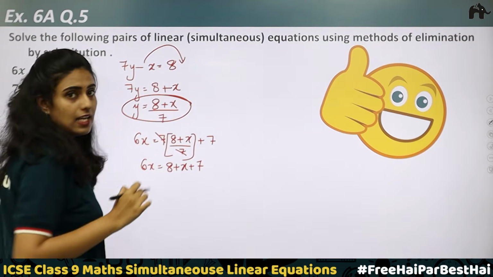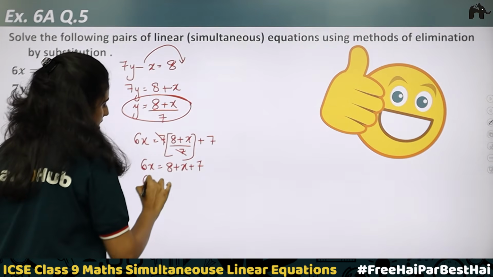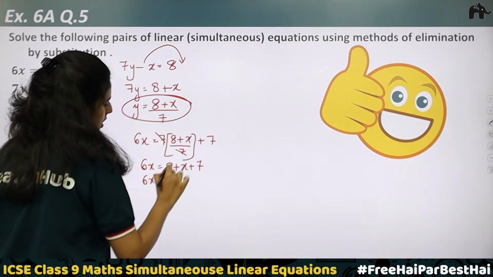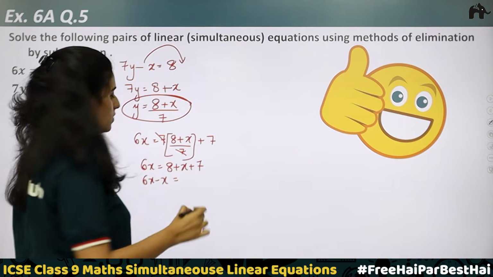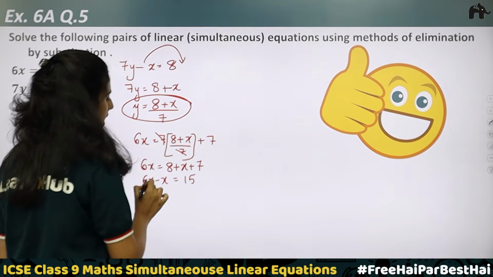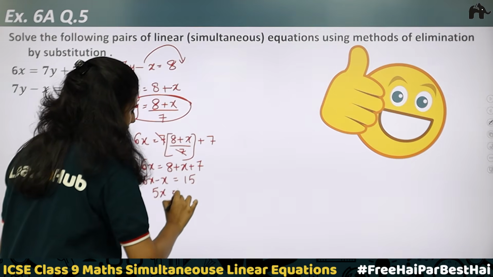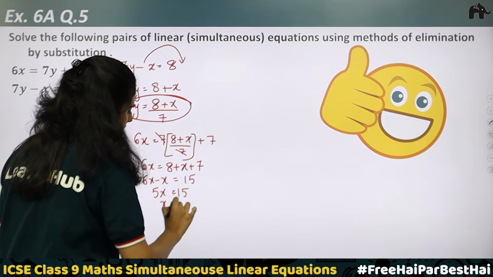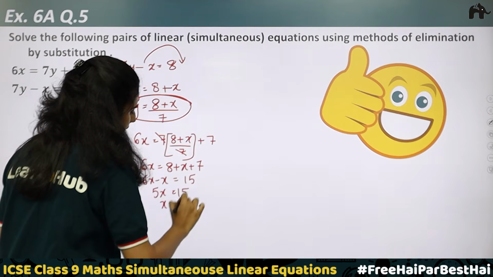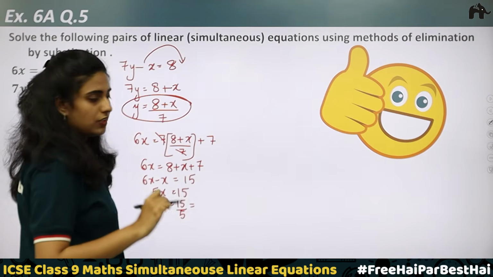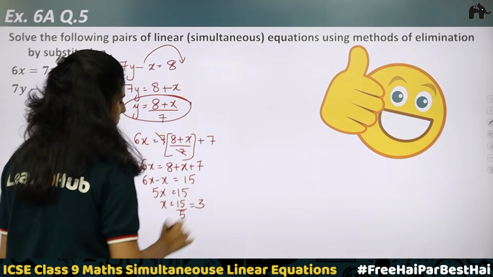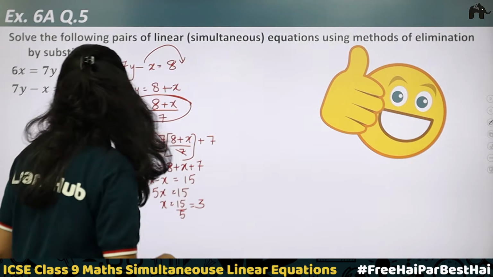X taken to the left side, what do we get? 6x minus x is equal to 8 plus 7, which is 15. Okay, 6x minus x is 5x. 5x is equal to 15 and x is equal to 15 divided by 5, that is 3. Okay, x value is equal to 3.